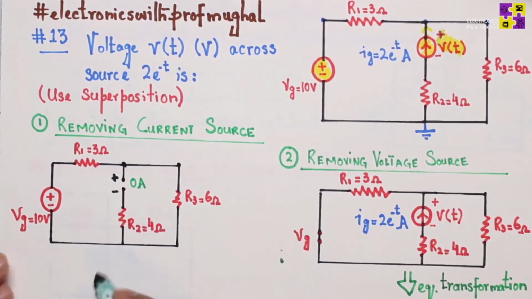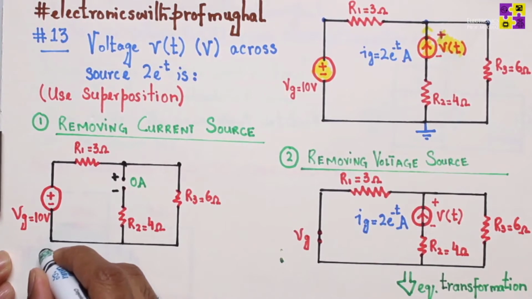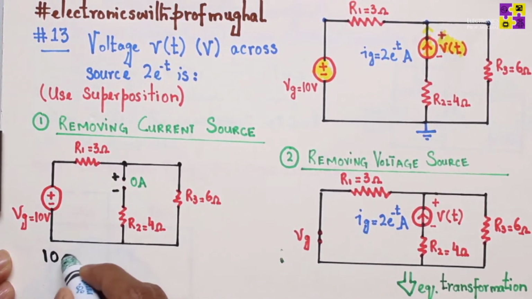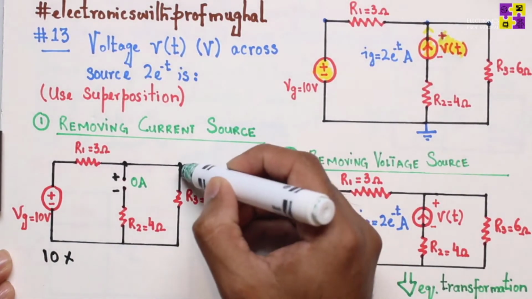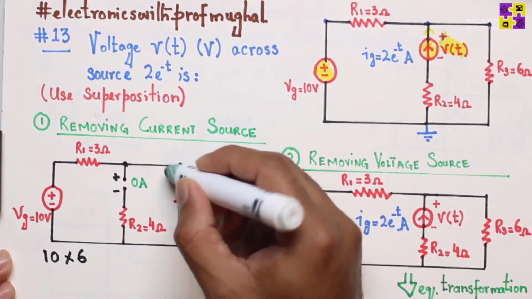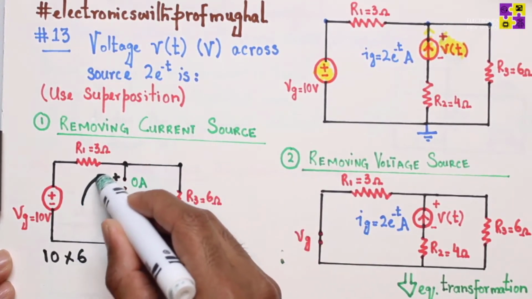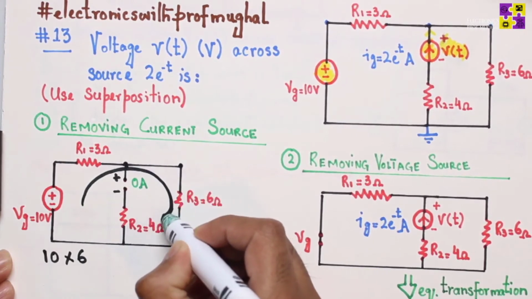So the total voltage, so I would say V, which is 10 volts times resistance 6 ohms here, because the reason I'm doing it over here is because I'm considering this whole thing as a series circuit.